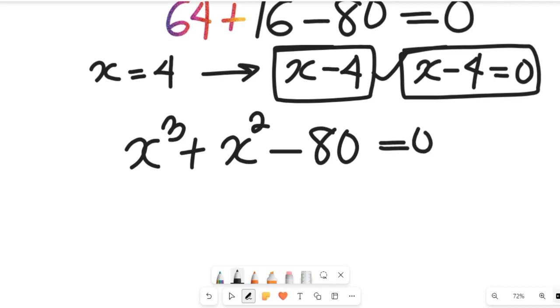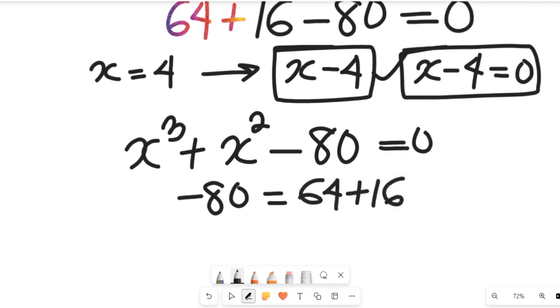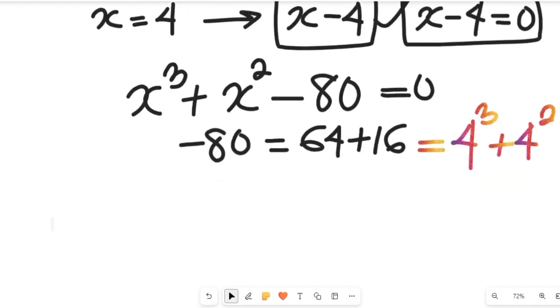Remember that our minus 80 can still be written as 64 plus 16, and our 64 plus 16 is simply equal to 4 to the power of 3 plus 4 to the power of 2. Now we're going to substitute that to replace what?